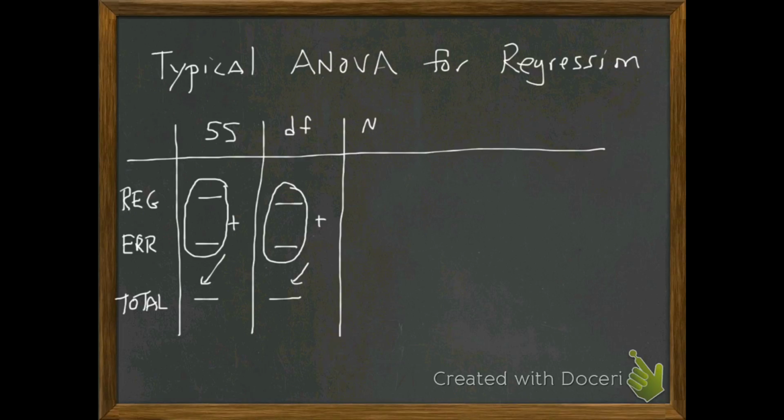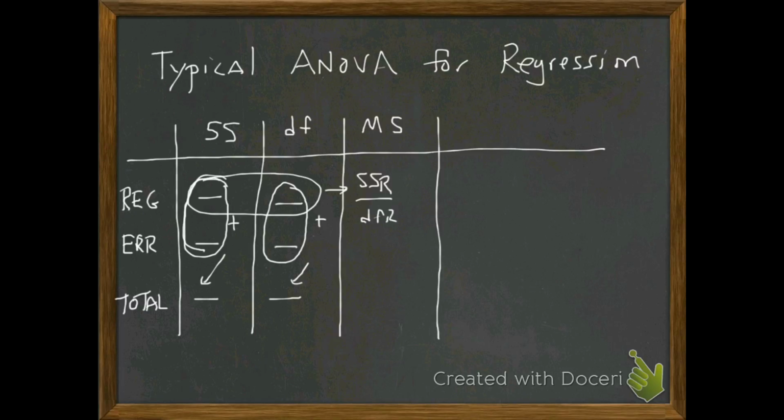The next thing we get into is the mean square. The mean square is just the sum of squares for the regression divided by the degrees of freedom for the regression. We can take the sum of squares for the error divided by its degrees of freedom, and we'll get our mean square for that term.